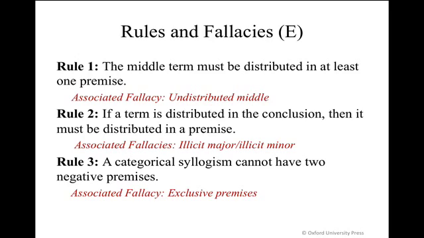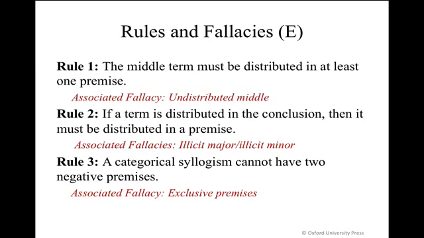Rule number 1, the middle term must be distributed at least once. What does that mean? Well, you can go all the way back to chapter 5. You recall that distribution is a way we talk about the relationship between the subject and the predicate class in a categorical proposition.